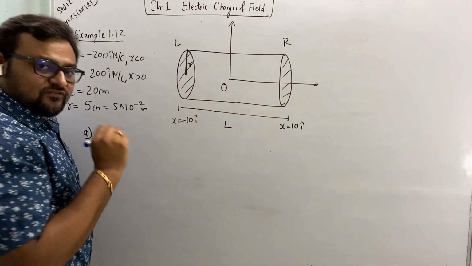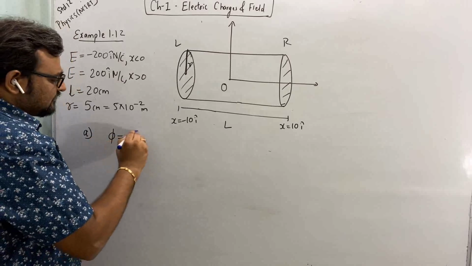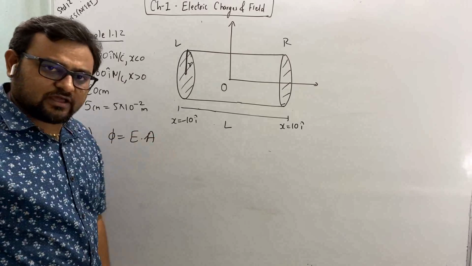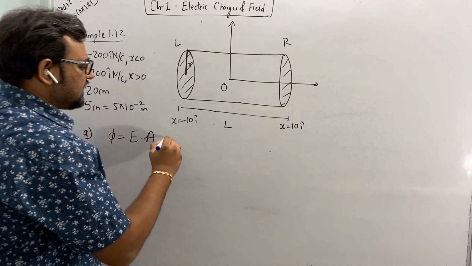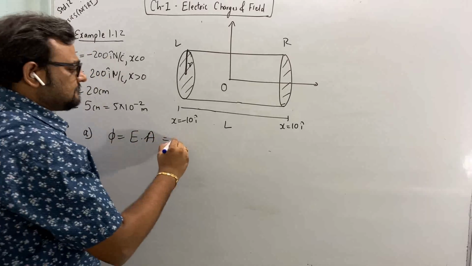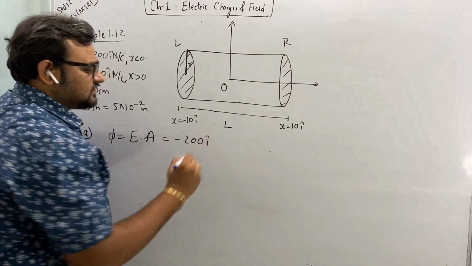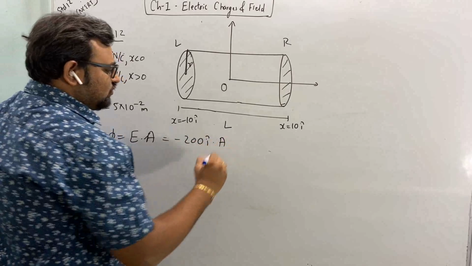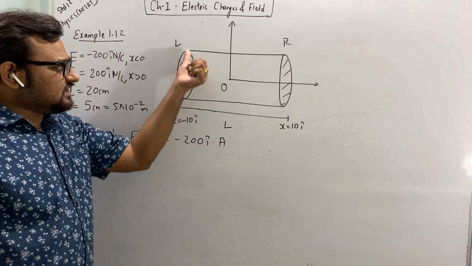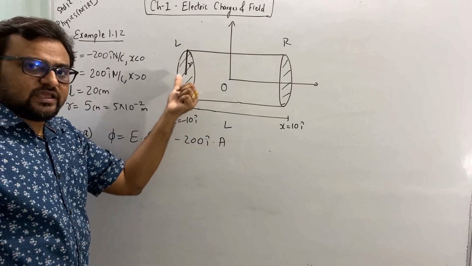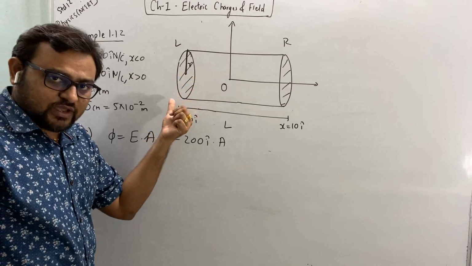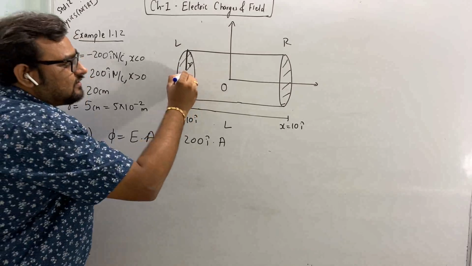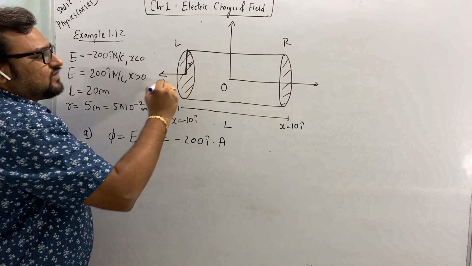Now see, the formula for flux is E dot A. Clear? Now what is E? Minus 200i. And what is A? The area of this will be pi r square. But what is the direction of area?